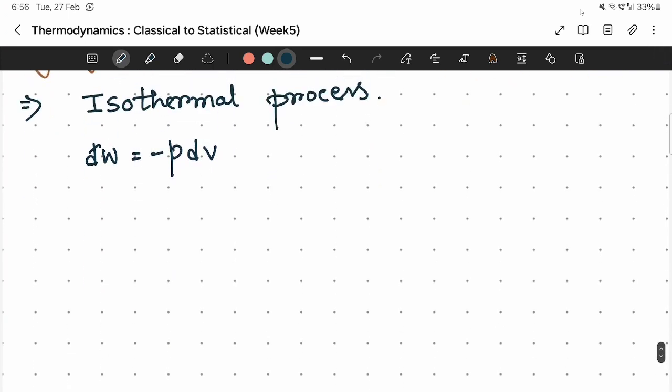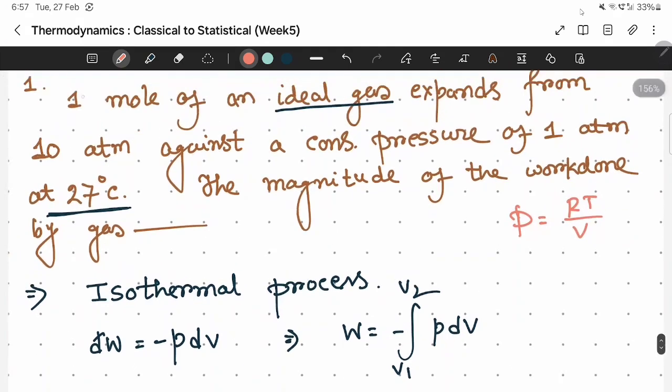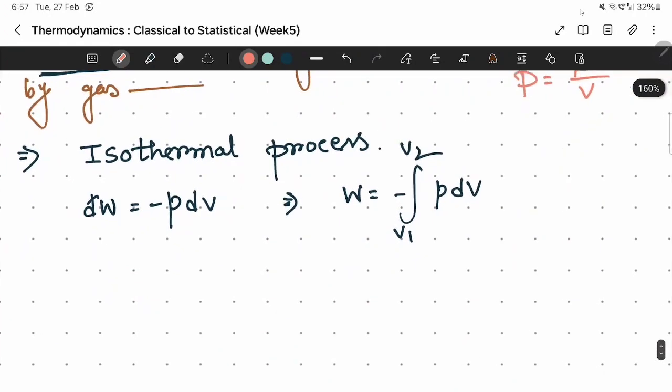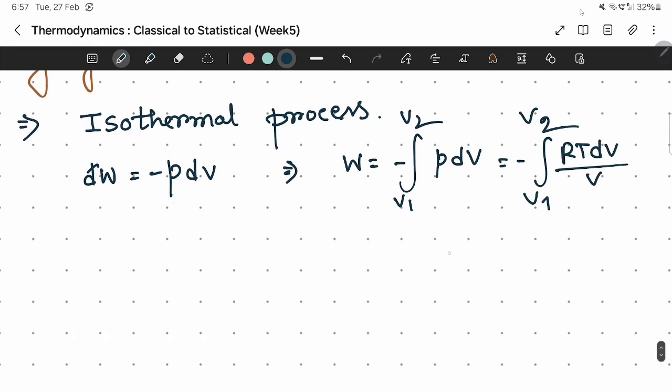Now if this is the minus of PdV, we have to find the total work done. So the work done will be the integration of PdV from V1 to V2. Now this is an ideal gas, so you can write P equals RT by V. Why RT? Because this is for 1 mole. So it will be RT ln V2 by V1 with a negative sign.